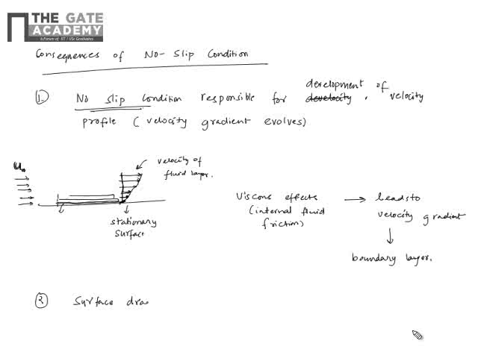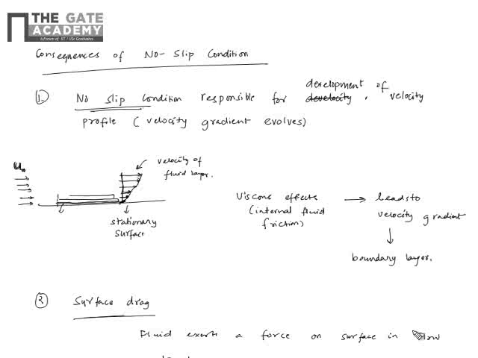Does the formation of the boundary layer have an impact on the solid surface? Yes, it does, and that comes in the form of surface drag. The fluid exerts a force on the surface because of this formation of the boundary layer, in the flow direction.